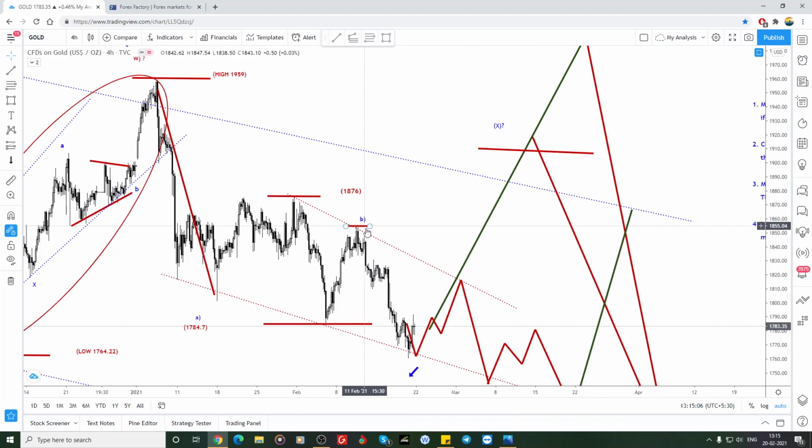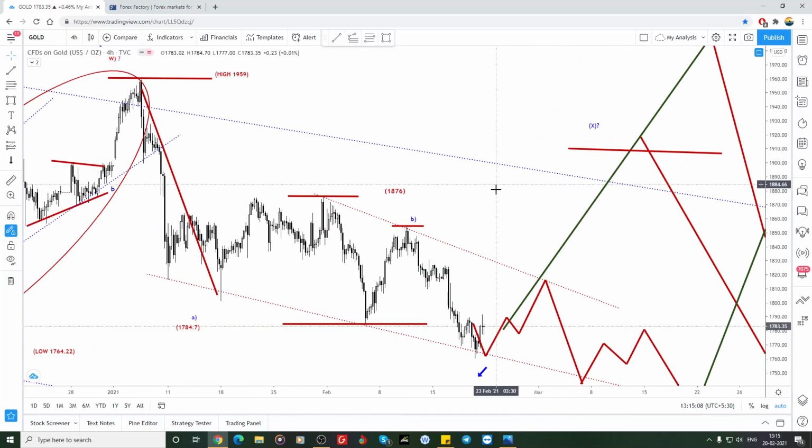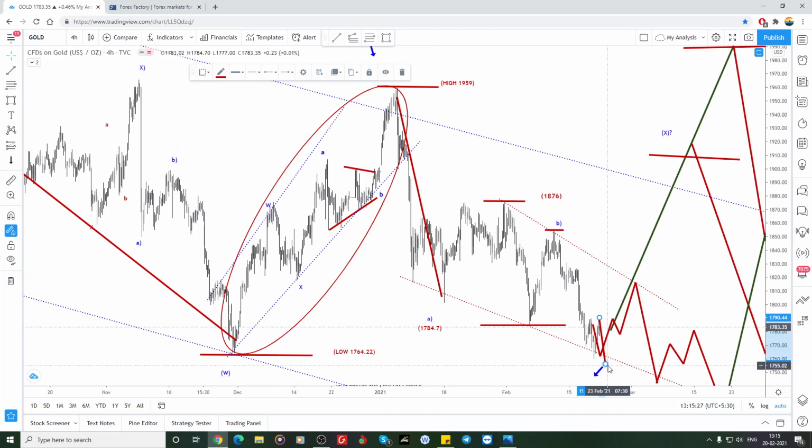So a running flat. After that, it's looking like a perfect 5-wave structure, right? So 1 2 3 4 5, 1 2 3 4 5, or there is still one more wave to the downside to hit all the stop losses. And if it is a 5-wave structure, that could be the end of that C wave.